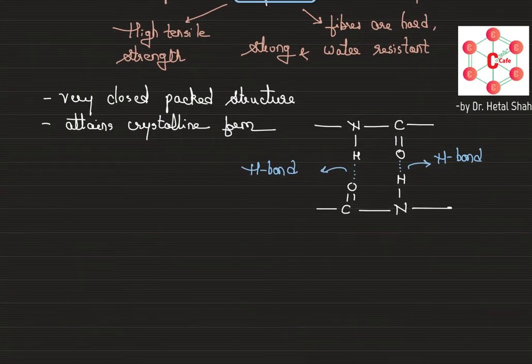Where are these fibers used? Right, so we can talk about the uses. Here we say that the fibers are used for making bristles of brushes. They're used in textile industries for making fibers.